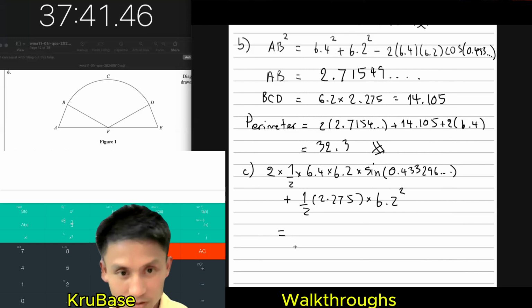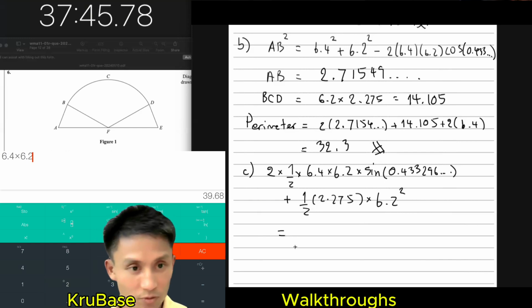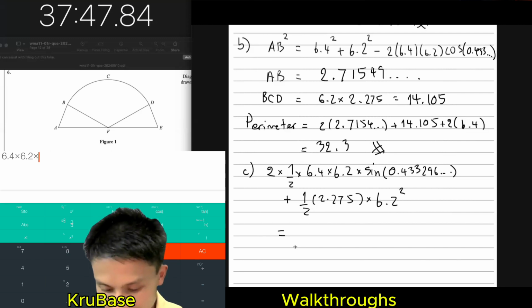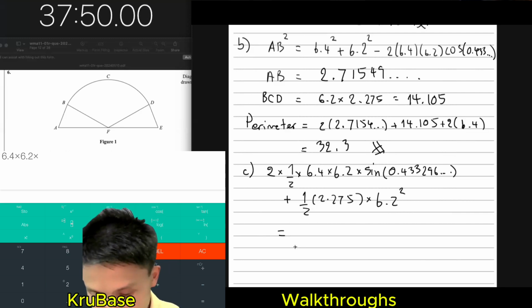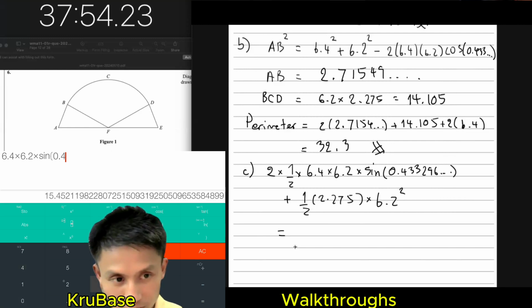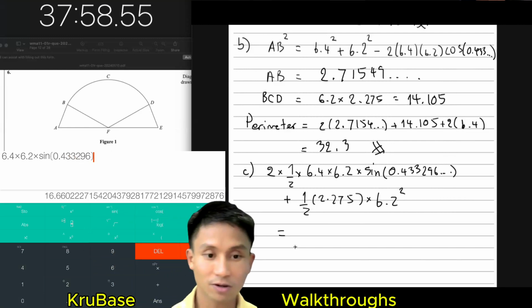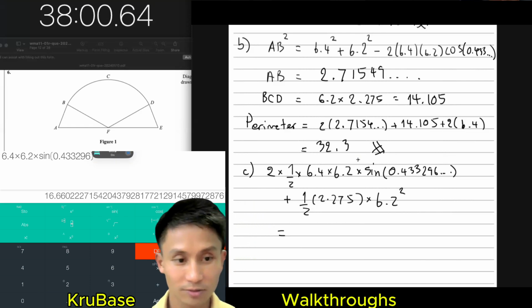Okay, so the 1/2 cancels. So it's 6.4 times 6.2. And then sine of 0.433296. So that would be the area of just the 2 triangles.